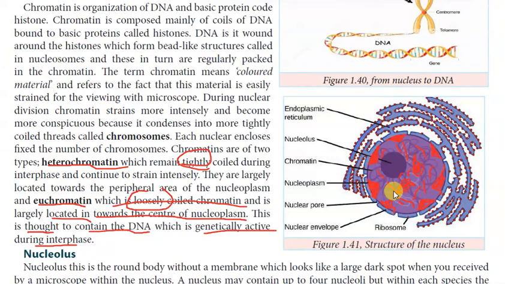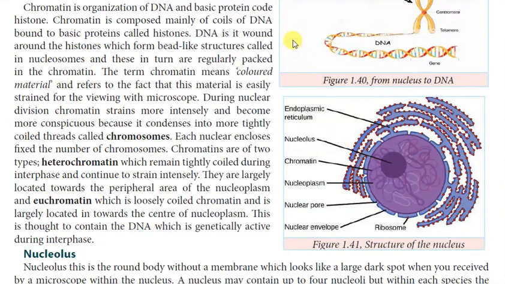Kama hawawi coiled, manake this DNA is genetically active during interphase. Manake hii ndio DNA ambayo inafanya kazi ya kuiprepare cell iweze kufanya divisions mbalimbali. Kwa sababu gani? Kwa sababu heterochromatin inakuwa tightly coiled, maana yake hiyo DNA yake haiwezi ikatumika during interphase period.